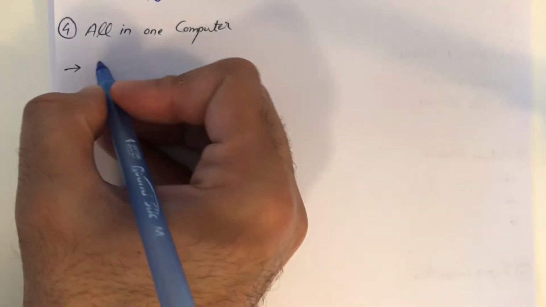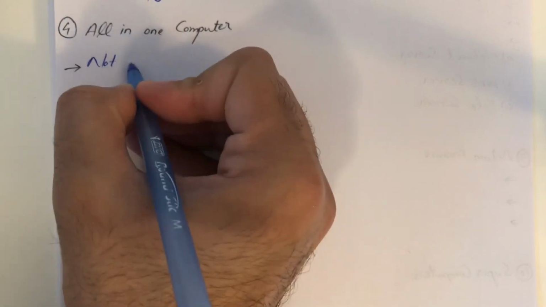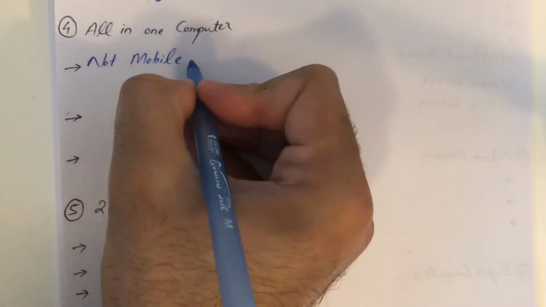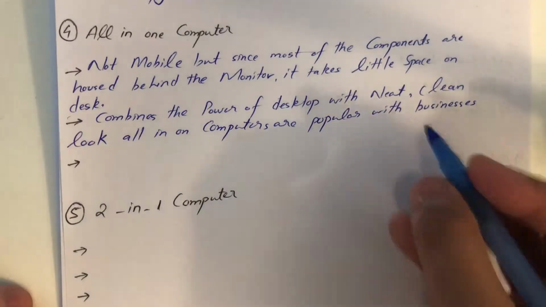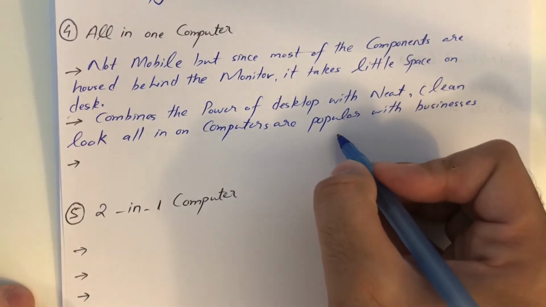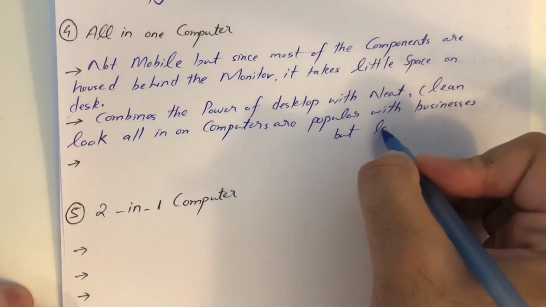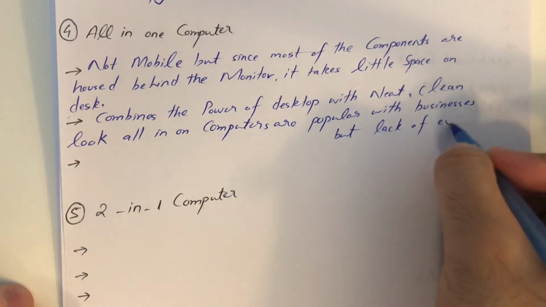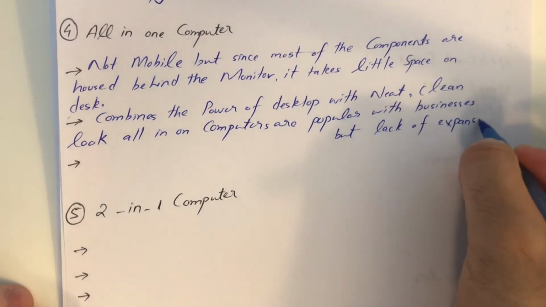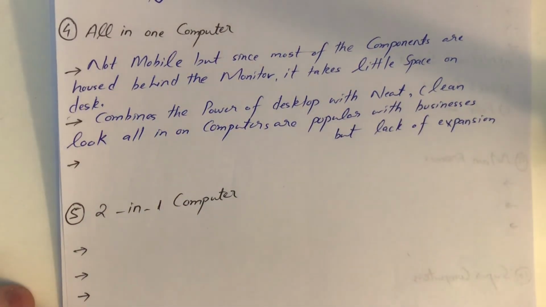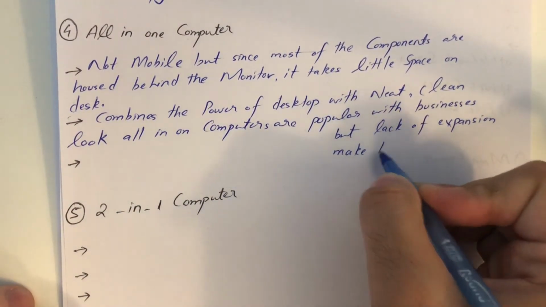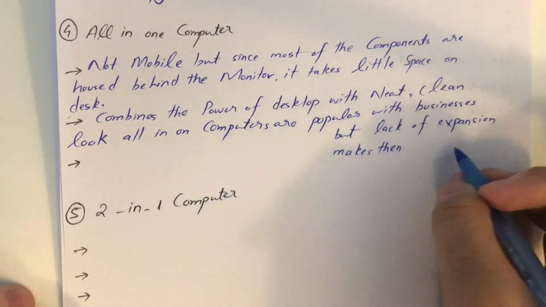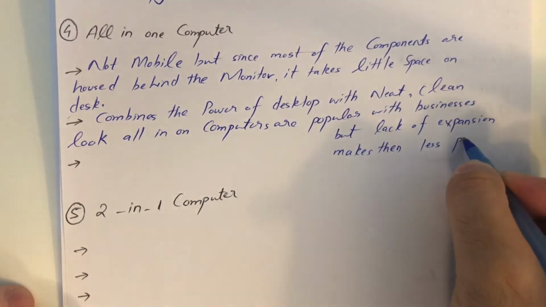So all-in-one computers, first of all, are not mobile, but less popular, because of lack of expansion, because you cannot upgrade them. So lack of expansion makes them less popular with gamers.